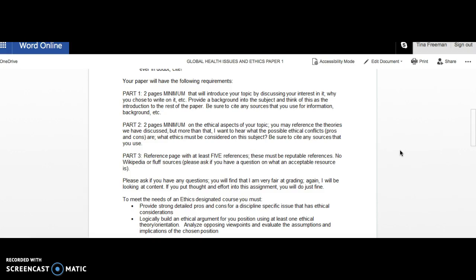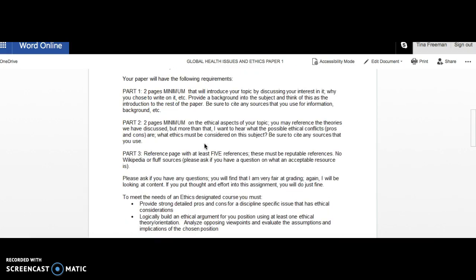Usually there's going to be more than one. There's not really kind of a one size fits all on ethical theories for any aspect. So please feel free to use more than one to apply to the ethical portion of your paper. Make sure to cite any sources that you're using with regard to the ethics portion, just as you would in the body of your paper.